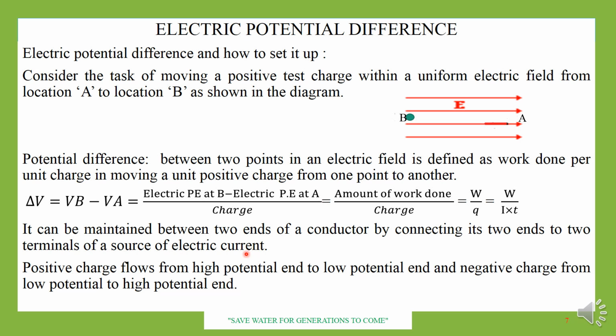Every cell, every battery, every dynamo has two terminals, a positive terminal and a negative terminal. So we have to connect the ends of the conductor to these two ends of a battery or cell. Positive charge flows from the higher potential end to the low potential end, and negative charge from the low potential end to the high potential end. This we have done earlier also, right?